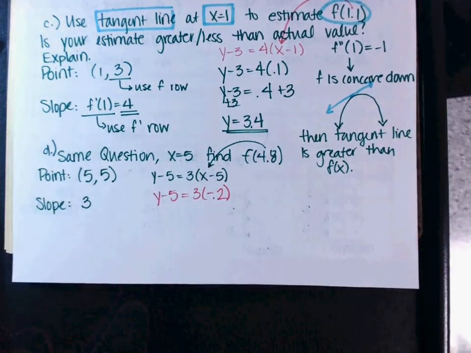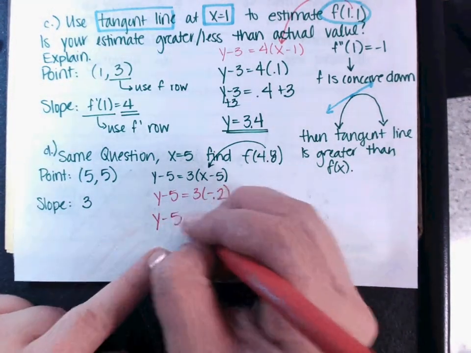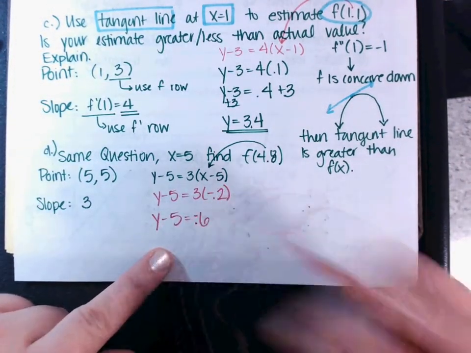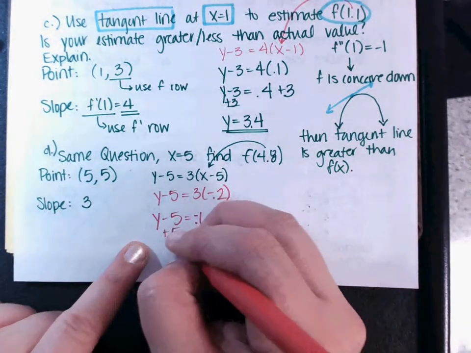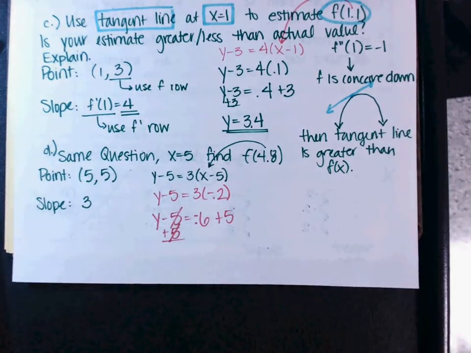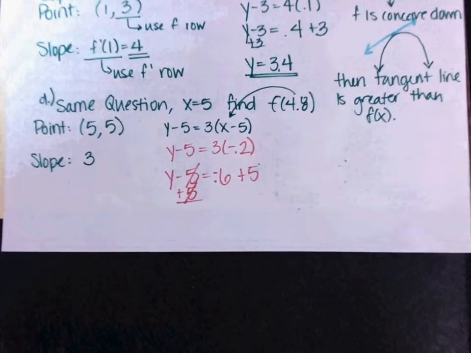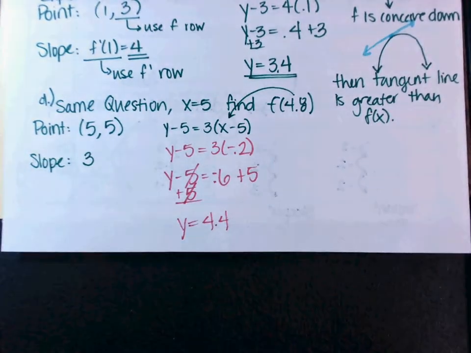Then from there, what's 3 times negative 0.2? Negative 0.6. And then how do I get rid of a minus 5? Add the 5. What is 5 minus 0.6? 4.4. Very good.